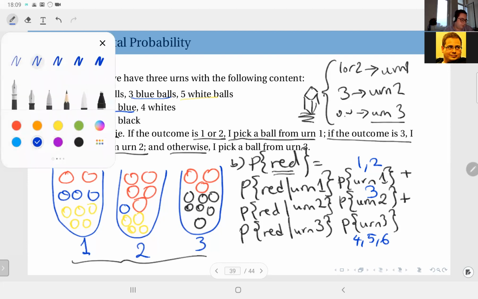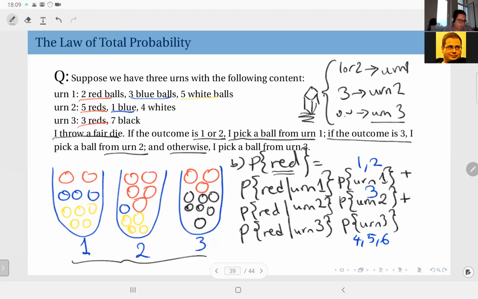So to write the final result, from urn number 1, selecting a red ball has probability 2/10, right? And from number 2, I have 5/10. And from this one, I have 3/10.